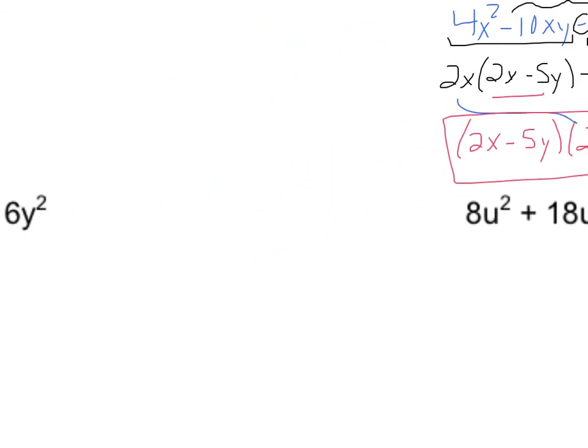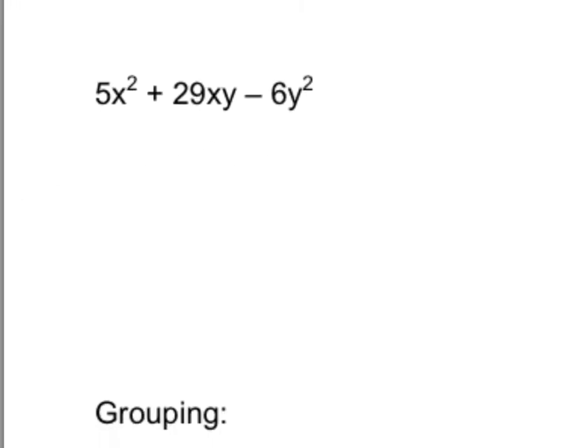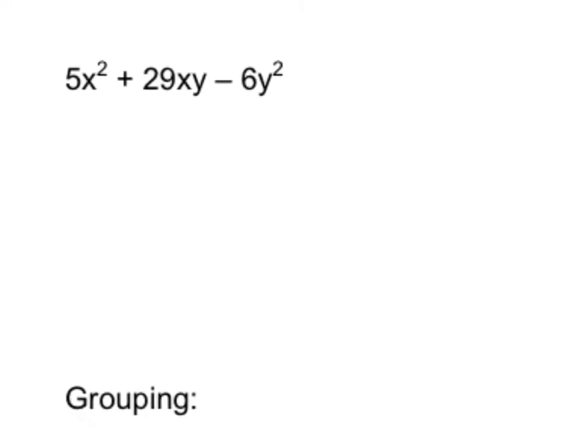Alright, next one. Same idea. We're going to take two terms, the 5 and the negative 6, which will give us a product of negative 30 and a sum of 29.